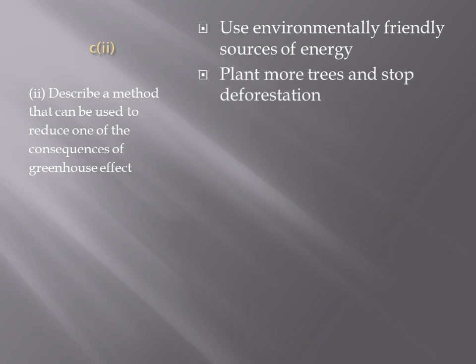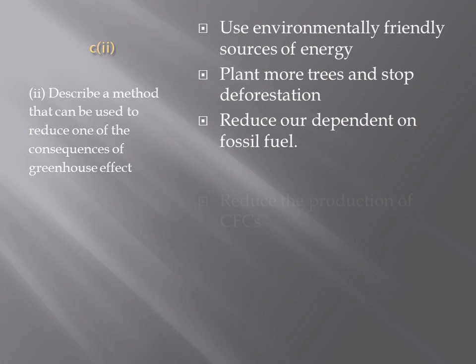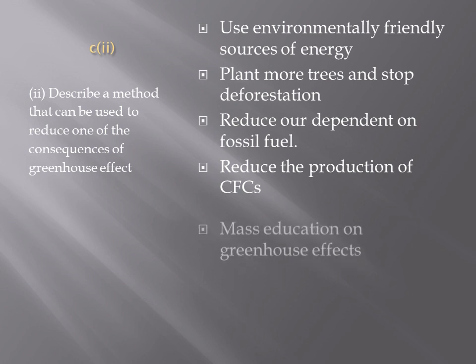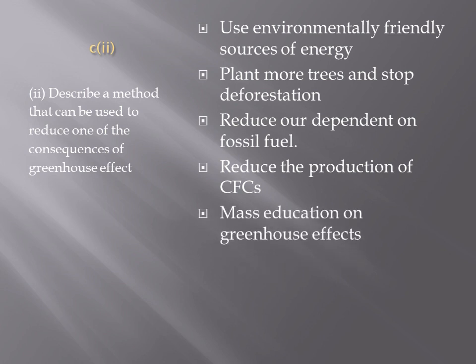Two, we plant more trees to stop deforestation. Four, we reduce our dependence on fossil fuel. And five, we reduce the production of chlorofluorocarbons, and we also do mass education. People need to be educated on what these greenhouse effects are.